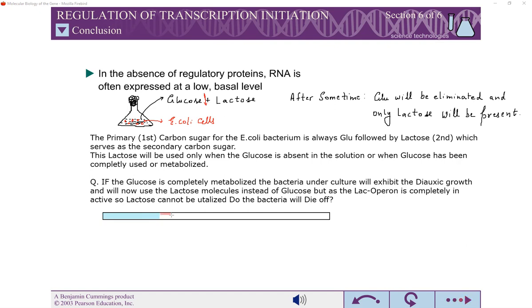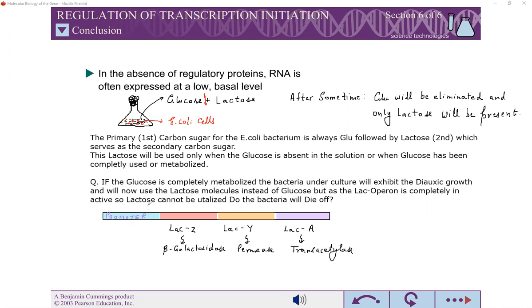This is the first structural gene, Z. Then you have the second structural gene, Y, and the third structural gene, A. These are the three structural genes that are present: lac Z, lac Y, and lac A. This is beta galactosidase, this is permease, and this is transacetylase.